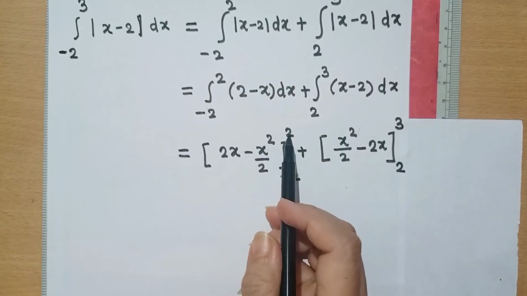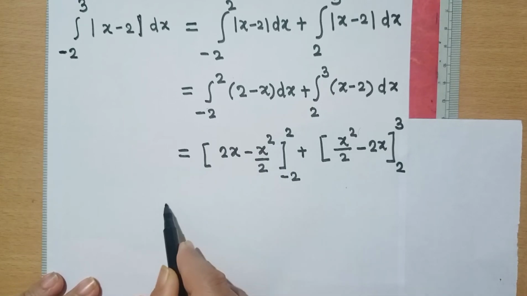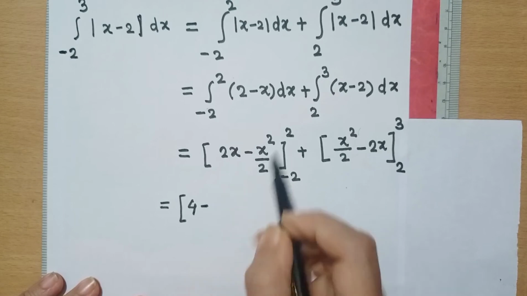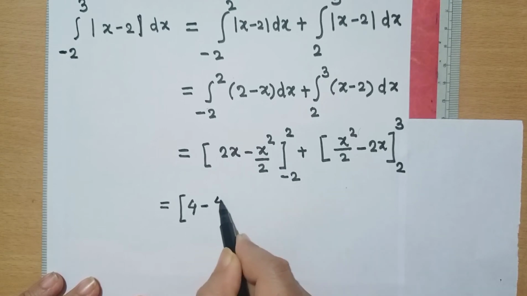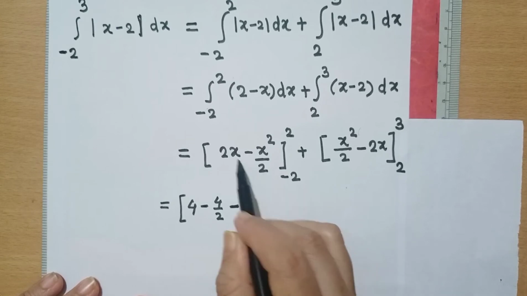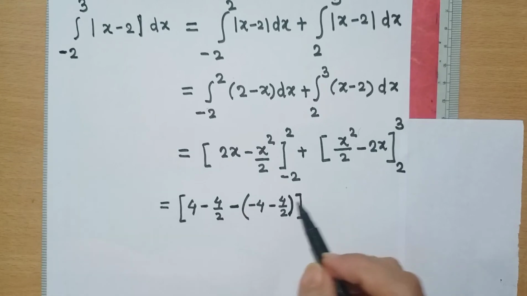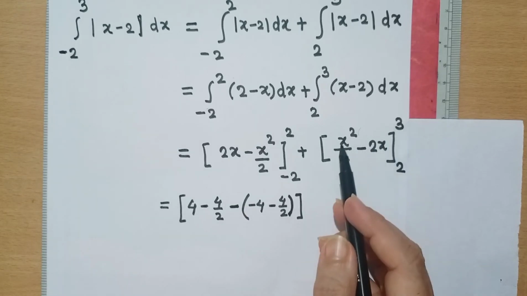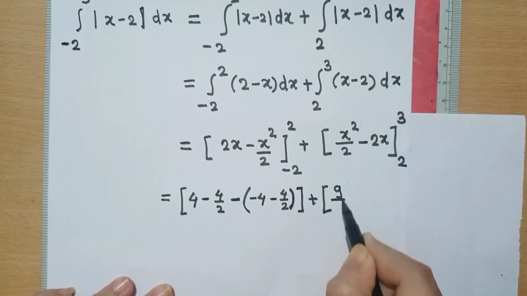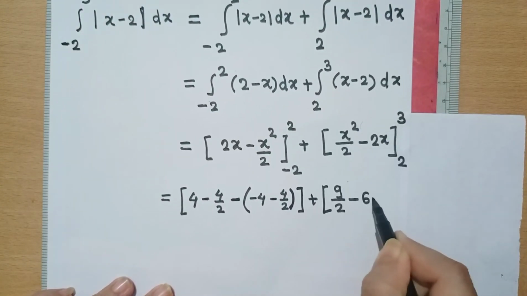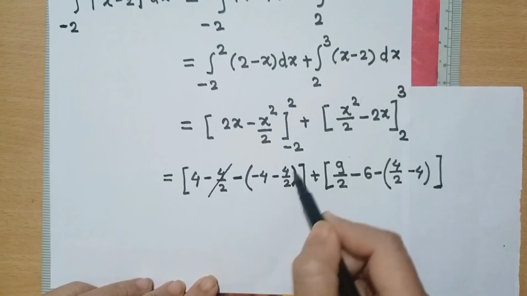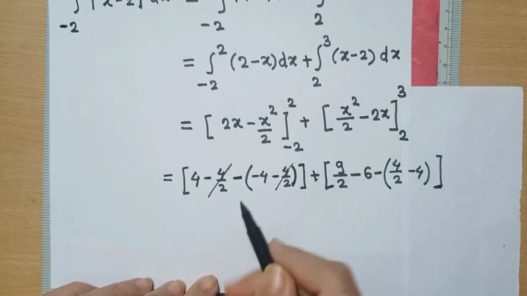First we substitute the upper limit: 2 2s are 4, then minus 2 square is 4 upon 2, and the middle sign is minus. Now we substitute minus 2 here, and in the second part we substitute first 3, the upper limit. 3 square means 9 by 2, and 3 2s are 6, and now we substitute 2 here. Now minus 4 by 2 and minus 4 by 2 get cancelled.